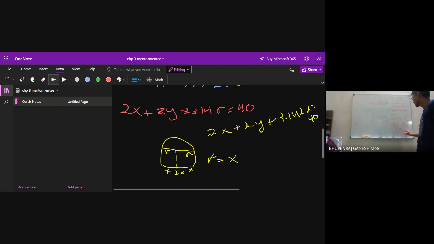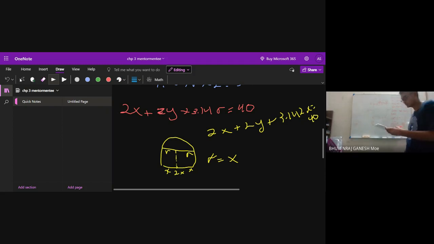So 22 over 7 is actually the pi value. Aldeep got it in decimal, which is 3.142. But to be more accurate, use this fraction formula, because if you round off to decimal, your final answer might not get the whole value that the answer scheme gives, then it might go wrong. So try using fractions always.